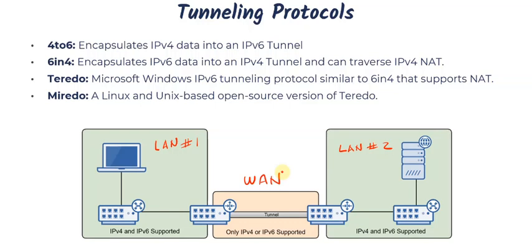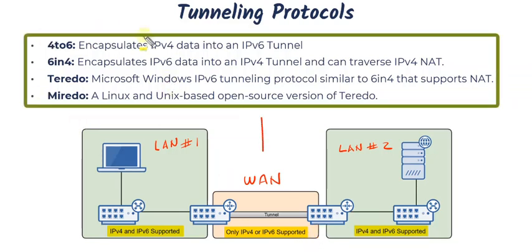Within both of these local area networks, we support both version 4 and version 6 of the IP protocol. But with our wide area network link, we may run into a situation where it only supports IPv4 or IPv6. So based upon what it supports, you need to utilize one of these protocols up here that allows us to have that coexistence of IPv4 and IPv6.